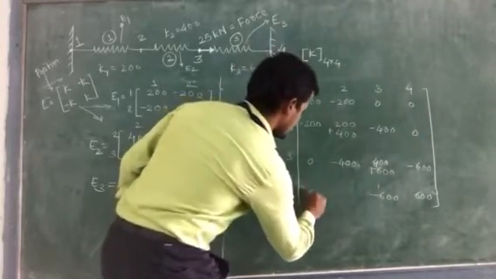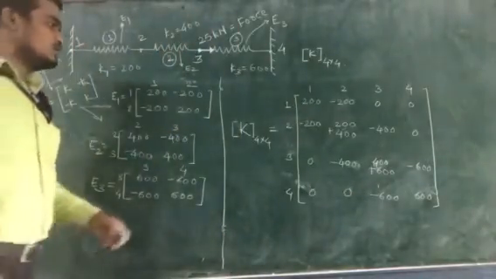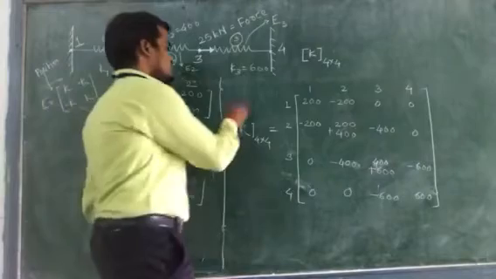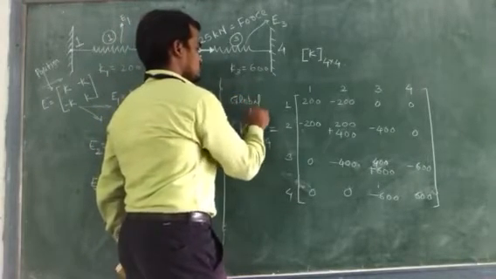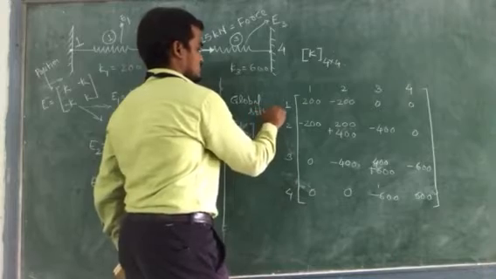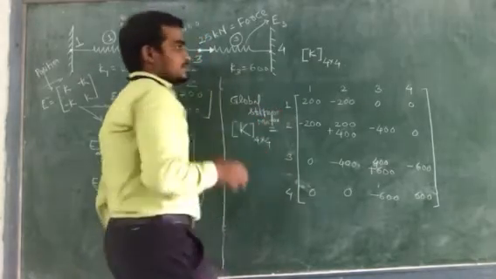Will be equal to 0. Okay, so in this way you will get the global stiffness matrix. This is nothing but your global stiffness matrix.